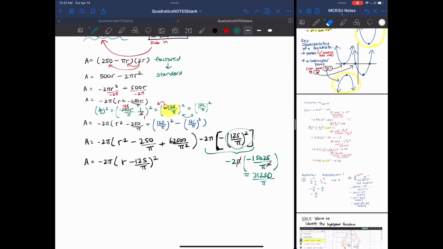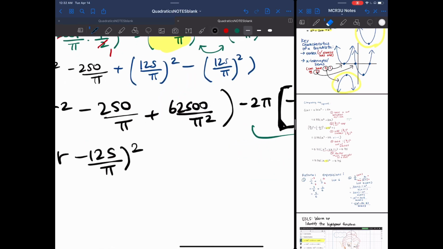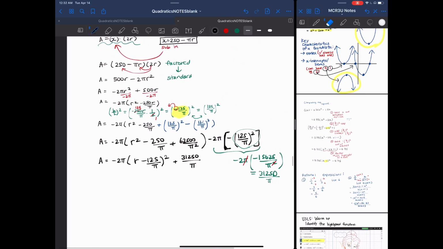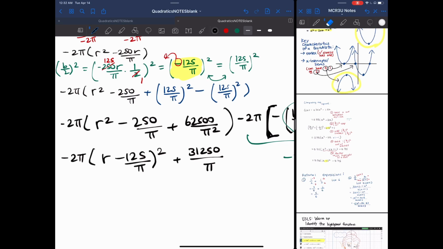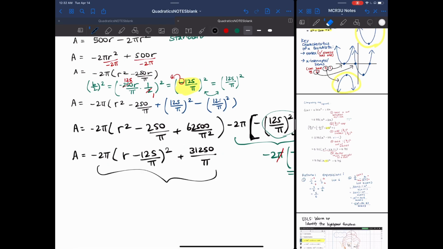Okay, that's my rough work, so that I can just write plus 31250 over pi. So if this was not a word problem, you could probably just keep it like that. But in a word problem, it might make more sense if we keep it as decimals. So it's a real life word problem.